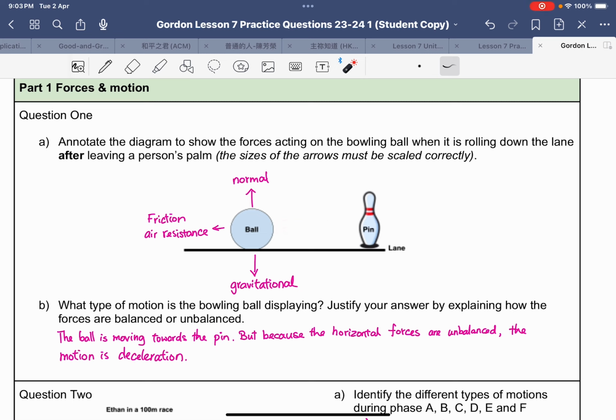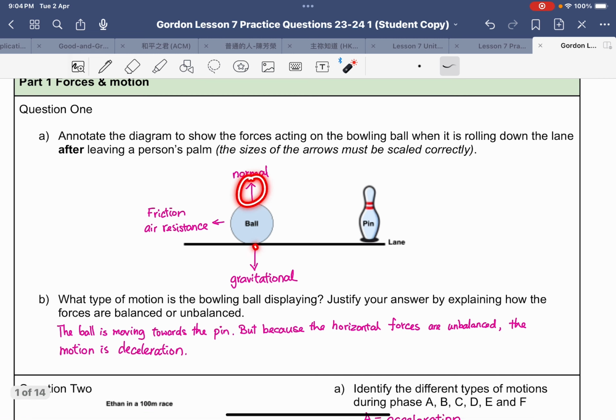So the ball will continue traveling this way with a little bit of friction and air resistance dragging it that way. And so, yes, it will continue to travel in this direction, but the velocity will become slower and slower and slower. Eventually, it will come to a stop if it doesn't hit anything.